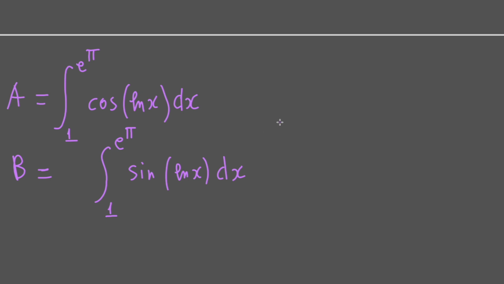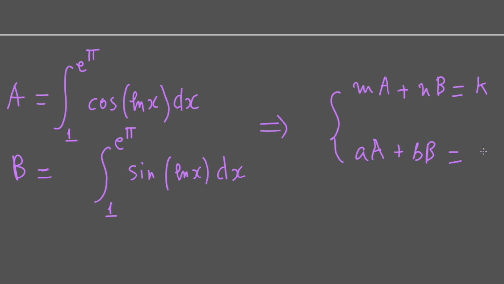We will apply a few methods to convert this into a system of equations: mA plus nB equal to something, and another equation with A plus B equal to C. Then we solve this system of equations. This way, we will obtain A and also B. Then we have the value of the integral in the problem.